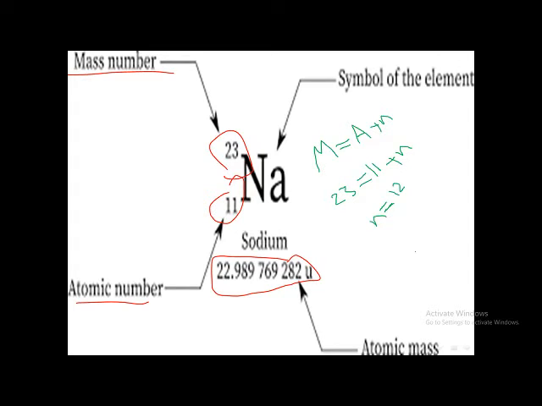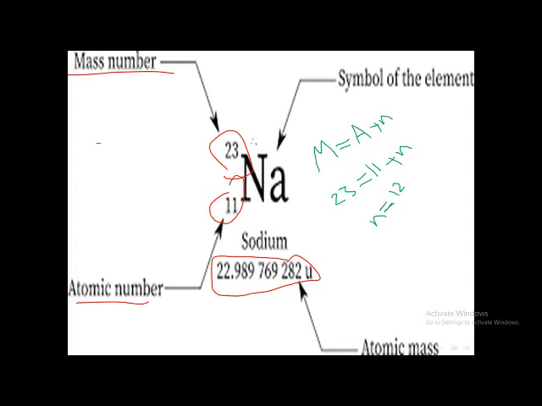What about electrons? Does this sodium have any charge in it, or is it just neutral? It's just neutral. That means we have a 0 charge. So if any atom has a 0 charge, that means the number of electrons and the number of protons are the same. Why?